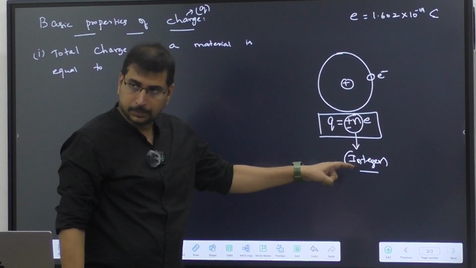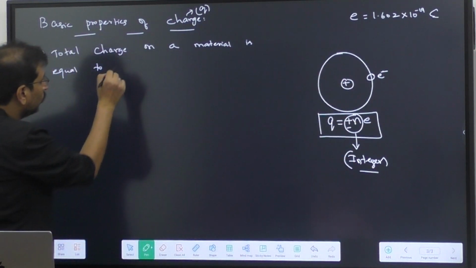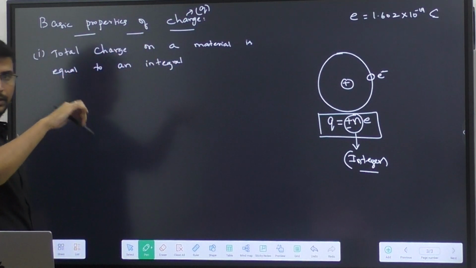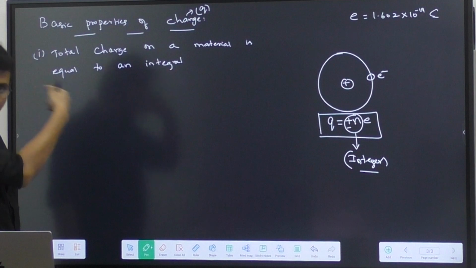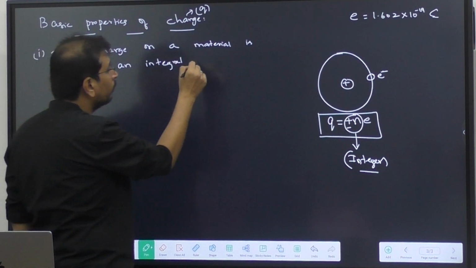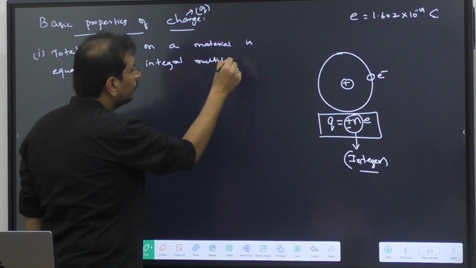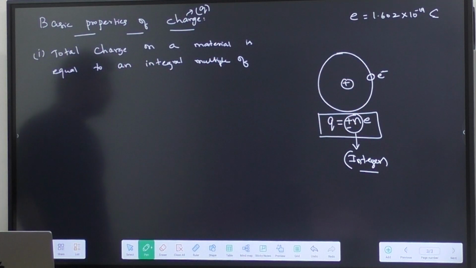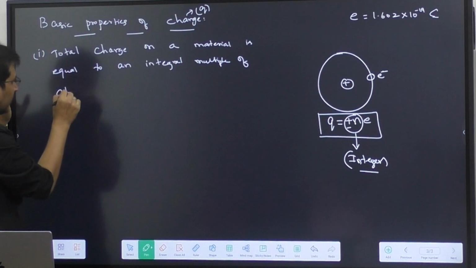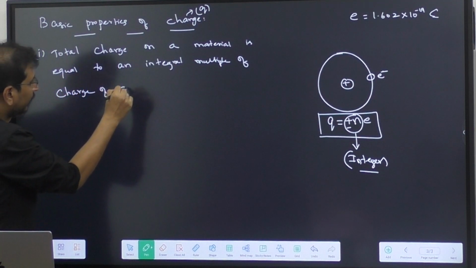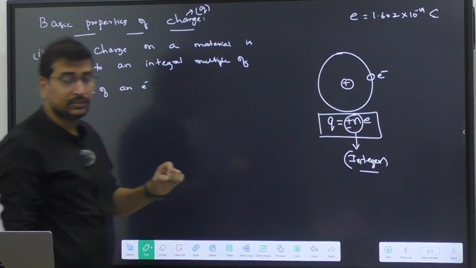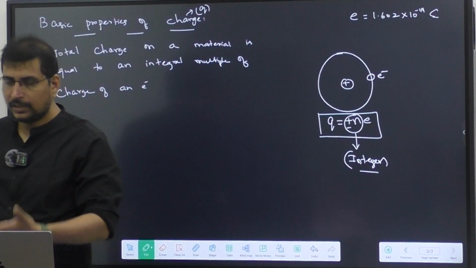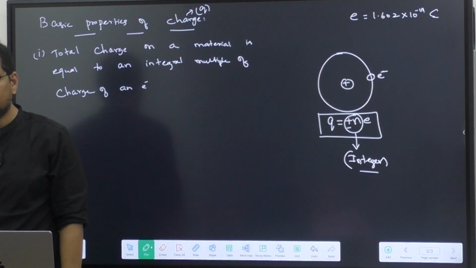An integral multiple, and see, integral here doesn't mean the symbol integral. Integral means integer. It's an integer multiple of whom? Of E. E is what? E is the charge of an electron. So it's an integral multiple of charge of an electron. Some books represent it as the fundamental unit of charge, because electron defines it's the fundamental unit of any charge.